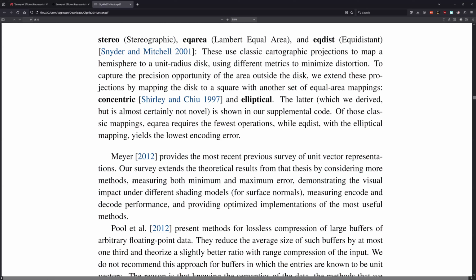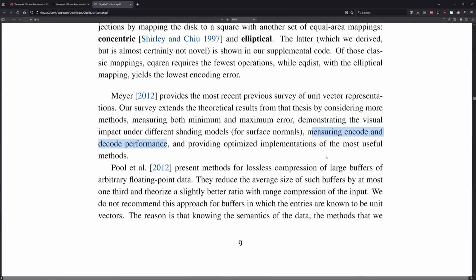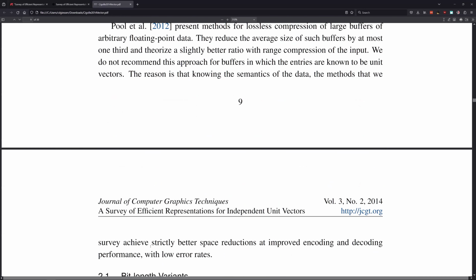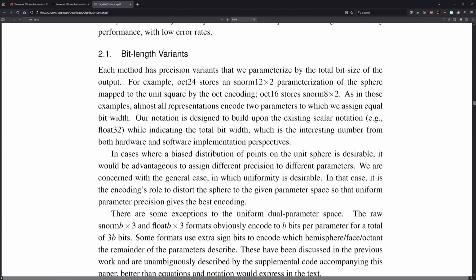Minimal and maximal error, demonstrations, measuring encode and decode performance, okay, and providing a lot of things. Interesting, okay.